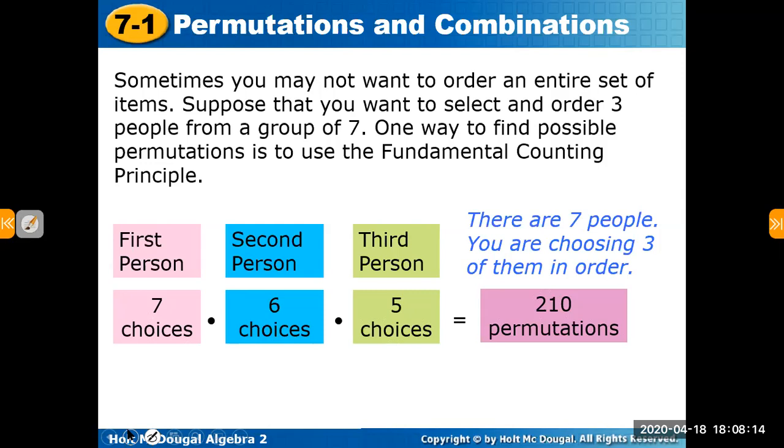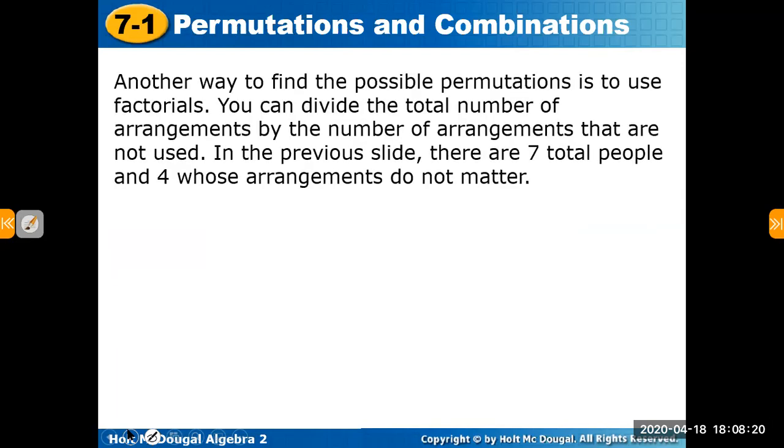Then we can also do this by using the factorial method that we just learned. Another way to find the possible number of permutations is to use factorials. You can divide the total number of arrangements by the number of arrangements that are not used. Total number of arrangements means since there are 7 people, the total number of arrangements would be 7 factorial.